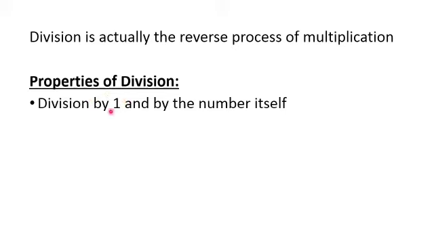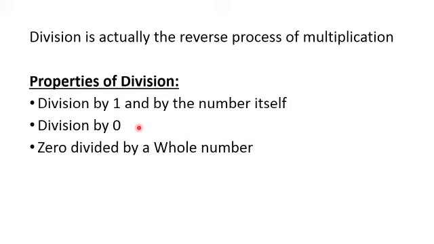Then division by 1 and by the number itself. Next we are going to see division by 0, and next 0 divided by a whole number. So let us see all these three properties under division.